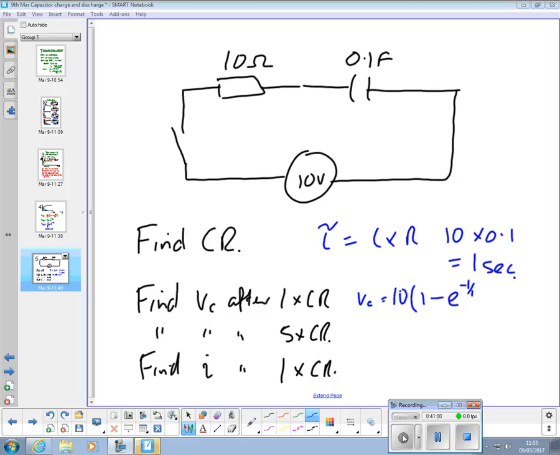Time constant's 1 second. Plug that in your calculator and you should find that 10 times 1 minus e to the minus 1 gives you 6.3 volts. I lied, 63%, not 67%.